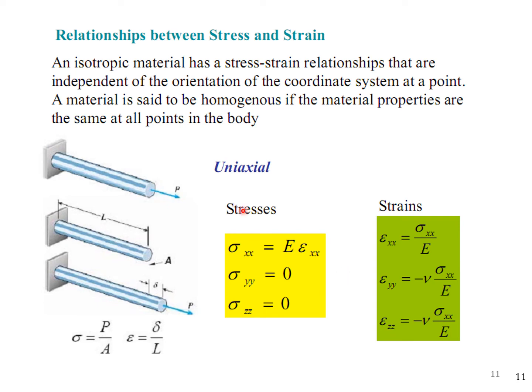In short, when we apply unidirectional stress, there will be strains in all three directions. It's quite possible that these strains have very low values compared to this strain, and we neglect them in order to simplify the equations. But in engineering, we need to consider them.